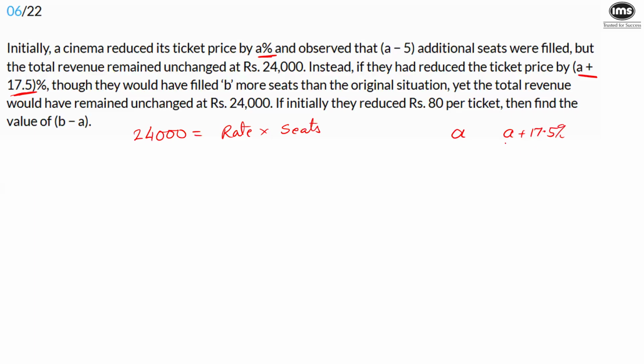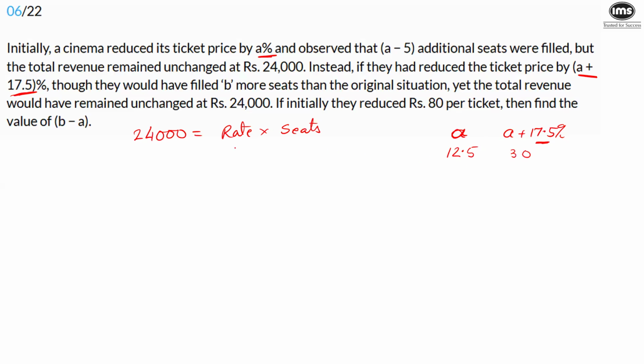This brings us to a situation where we need to have some faith in ourselves. 17.5 difference, A and A plus 17.5. Can you think of two numbers which are good to try out? If I think of A as 12.5, 1 upon 8, which we remember, then A plus 17.5 becomes 30.